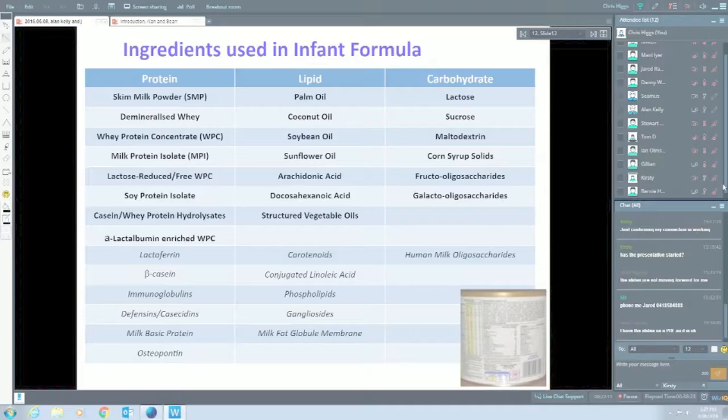I guess over the last 10 years or so, and the time frame varies depending on the geography, there has been quite a bit of development in specific protein fractions for use in formulating infant nutrition products. And one of the ones that you see on the table there is alpha-lactalbumin enriched whey protein concentrate.